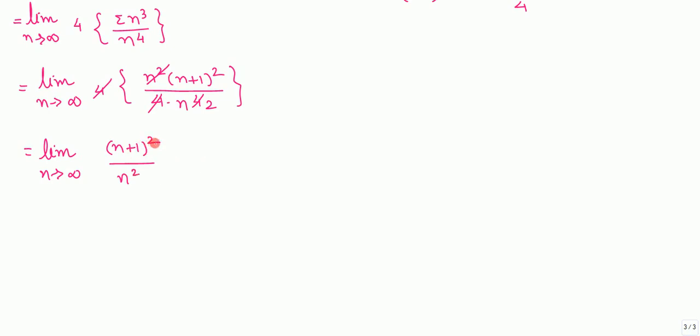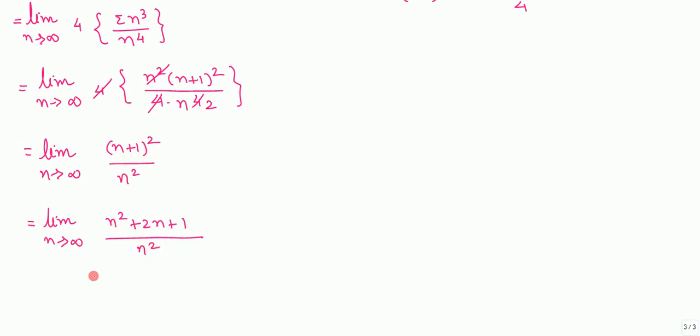How is it looking? Like a plus b whole square. Expand the numerator: limit n tends to infinity n square plus 2n plus 1 upon n square. Okay, the expansion of n plus 1 whole square is first term square, plus 2 into first into second term, plus last term square, divided by n square.